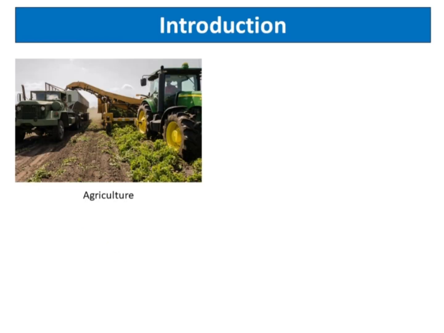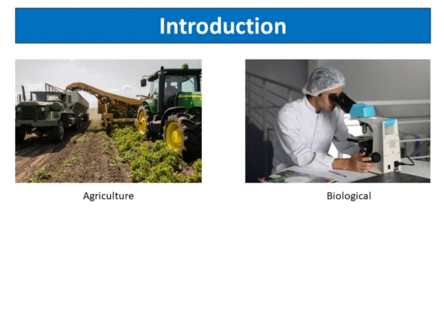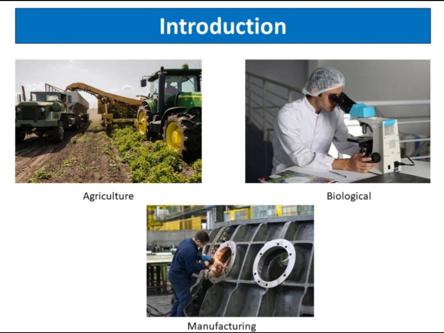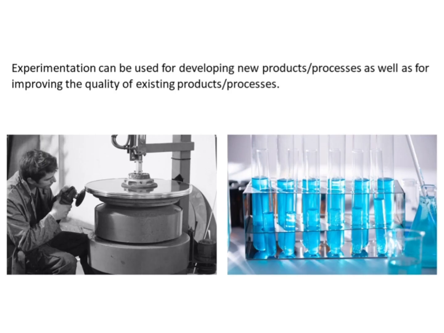Experimentation is one of the most common activities performed by everyone including scientists and engineers. It covers a wide range of applications from agriculture, biological, social science, manufacturing and service sectors. Experimentation is used to understand and improve a system. The system may be a simple or complex product or process.